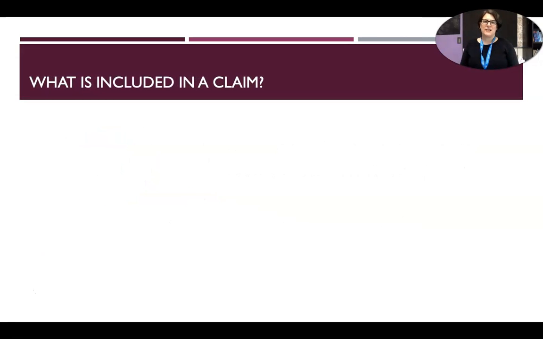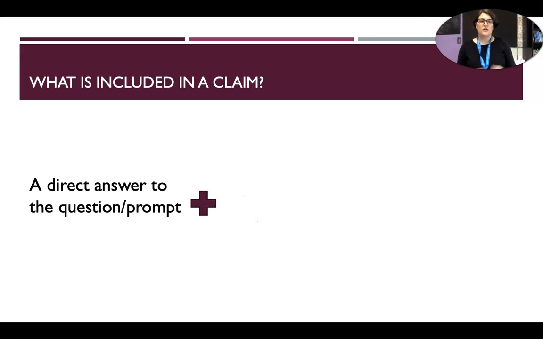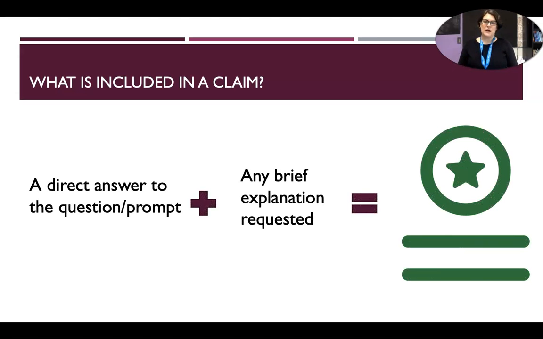So now that we know what a claim is, let's talk about what goes into the claim. What kind of things are expected in that claim sentence? Well, first of all, it's a direct answer to the question or prompt, plus any brief explanation that the prompt asks for, and you put that all together in one sentence at the top of your paragraph to be your claim.